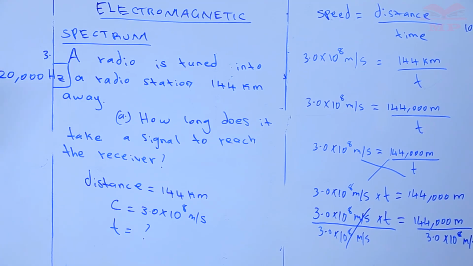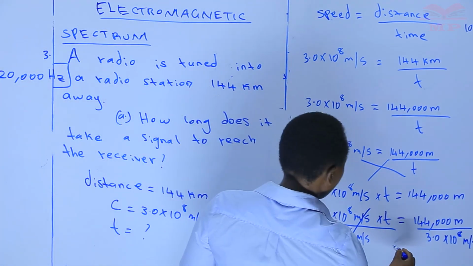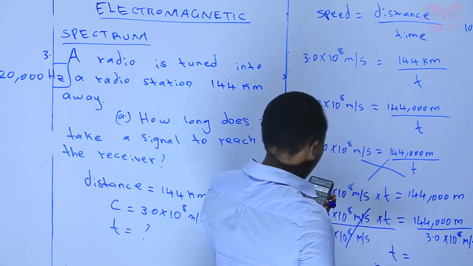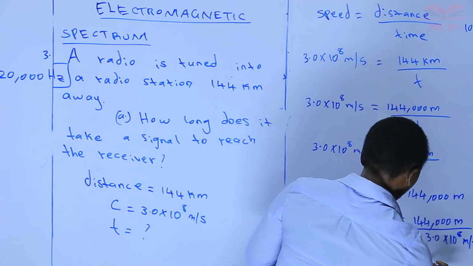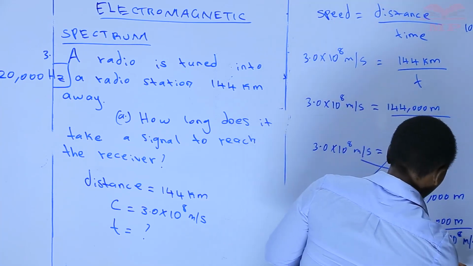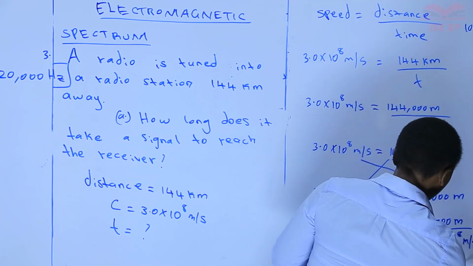You just pick your calculator and divide. We have 144,000 divided by, you open the bracket, 3 times 10 power 8. So what do you end up getting? We end up getting that our t, which is now the time, is 4.8 multiplied by 10 raised to power negative 4.